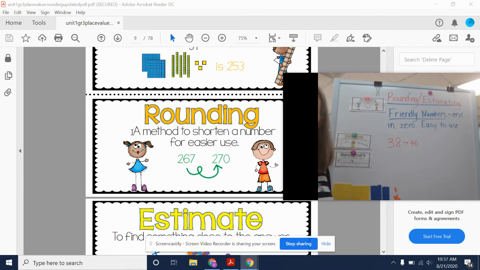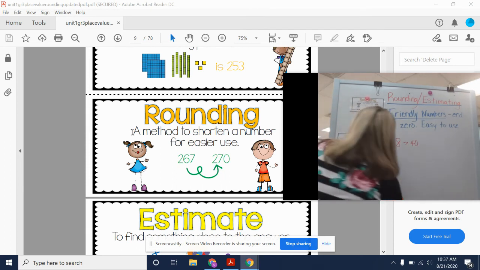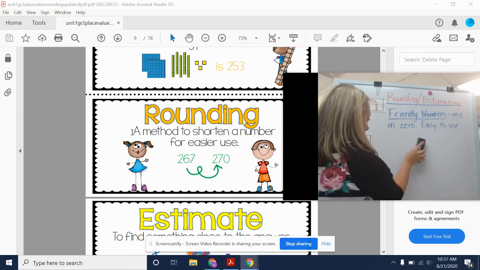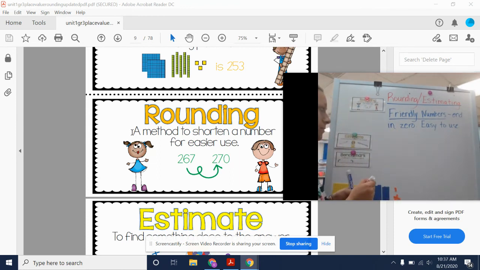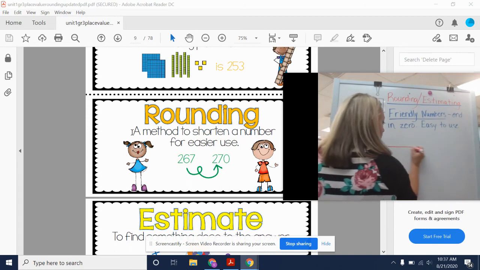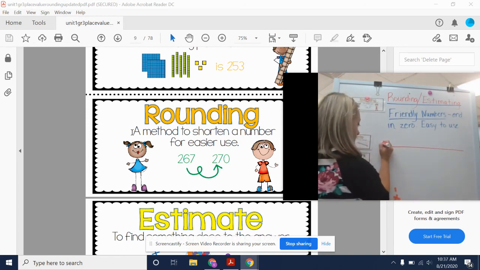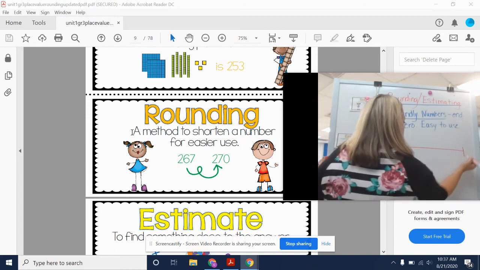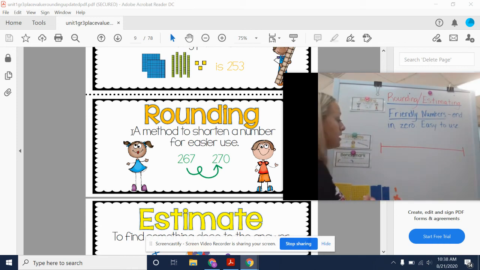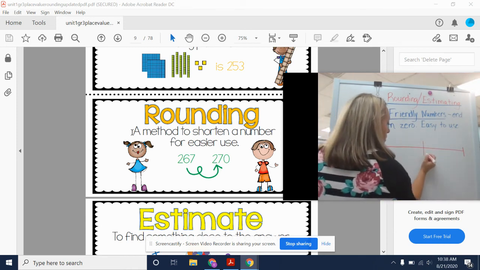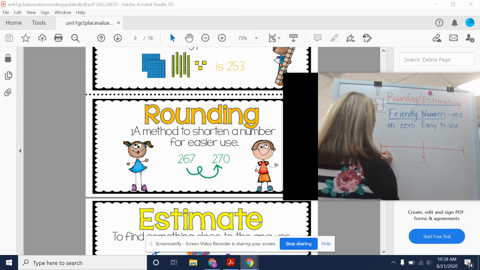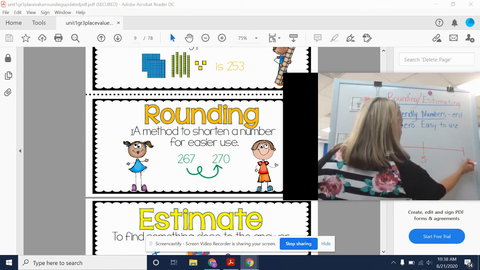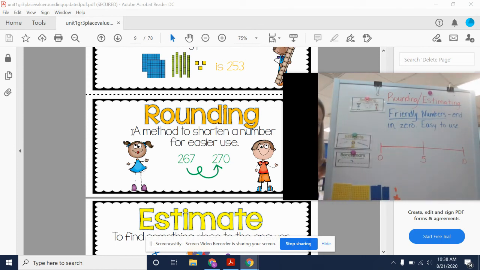Anytime that we round, we're looking for those friendly numbers to round to. I want you to draw a number line on your paper. The easiest way to do that is the way I'm doing right now.